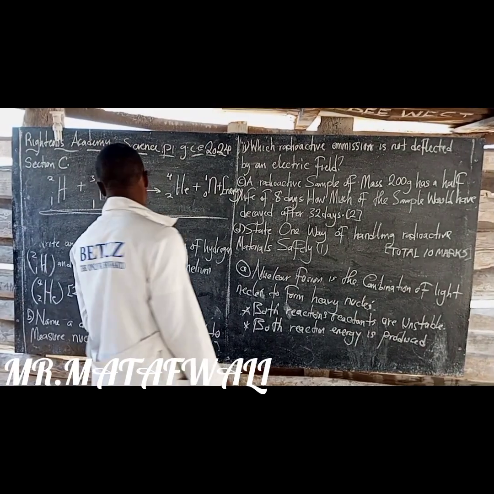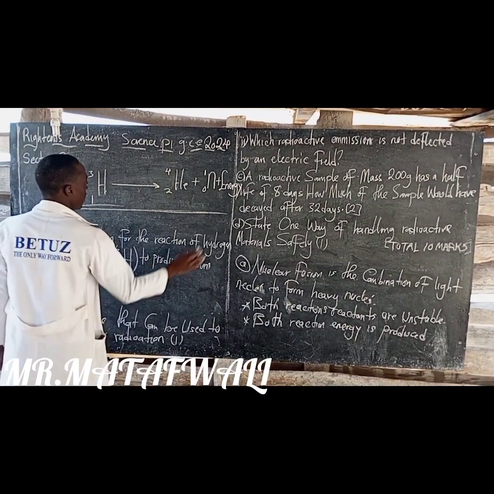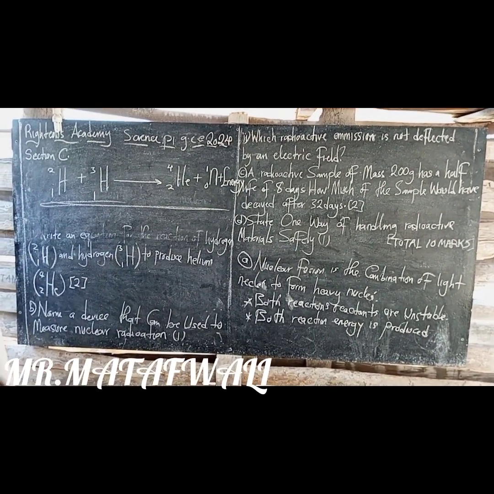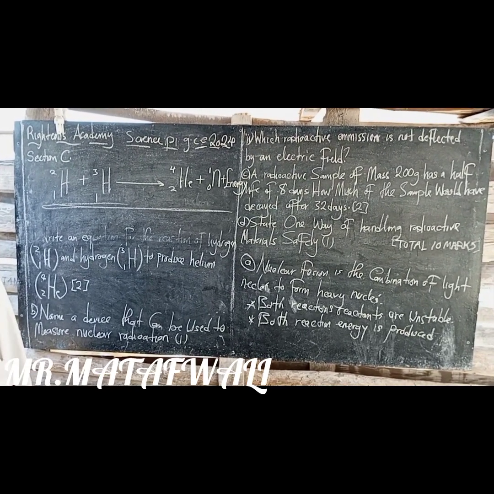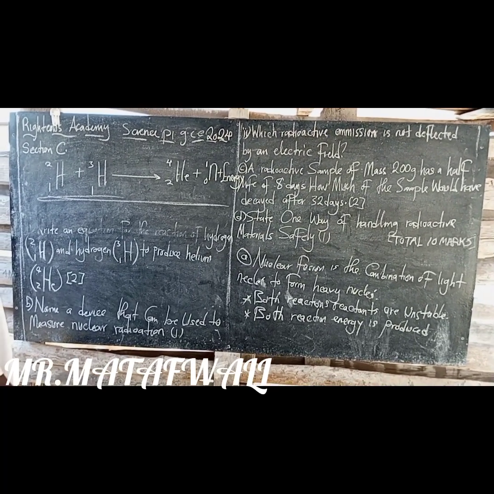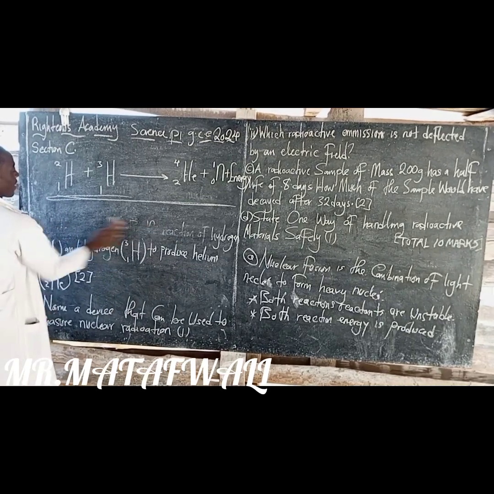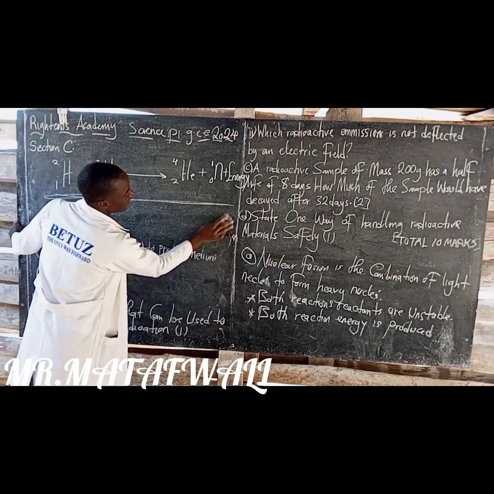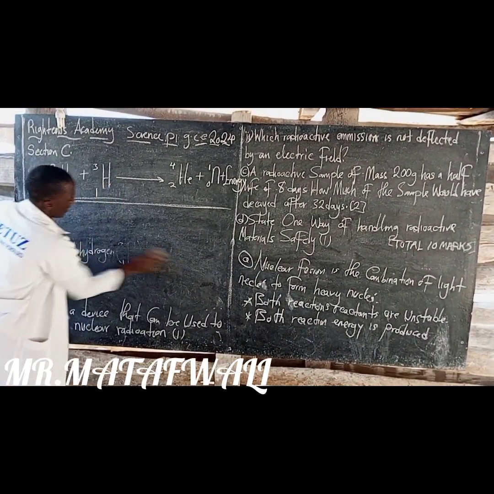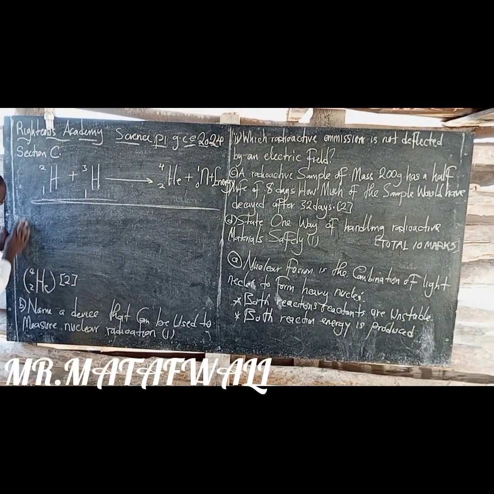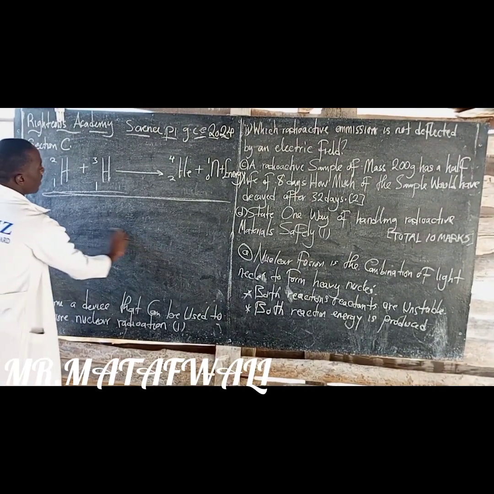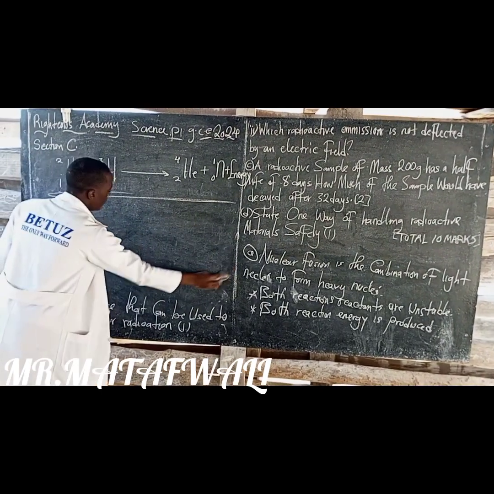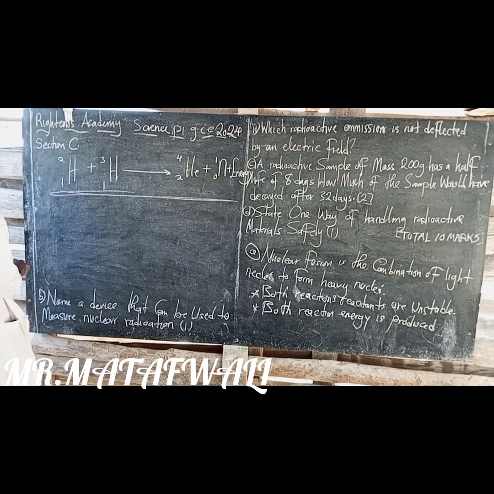We move on to question B. So question B was saying, name a device that can be used to measure nuclear radiation. So a device which can be used to measure nuclear radiation, we have a Geiger-Muller tube.